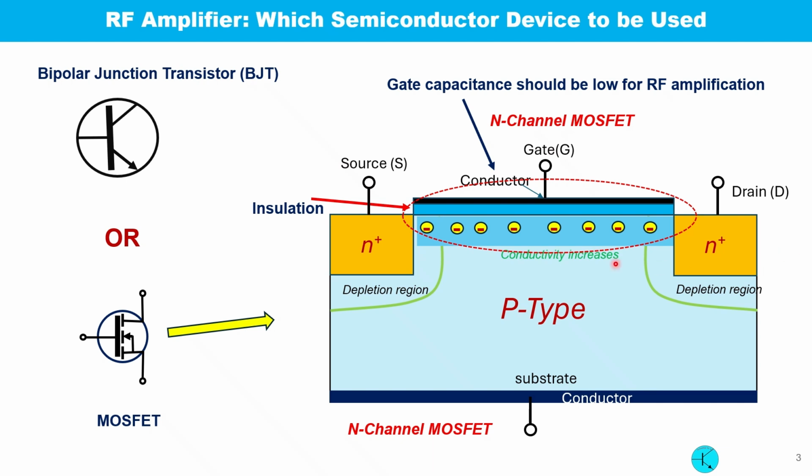If the gate capacitance is high, the signal at the gate cannot modulate the conductivity of the channel between the drain and the source. So the lower the gate capacitance, the better the frequency response.